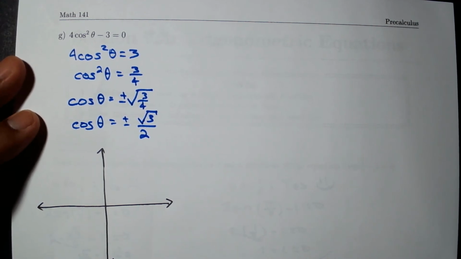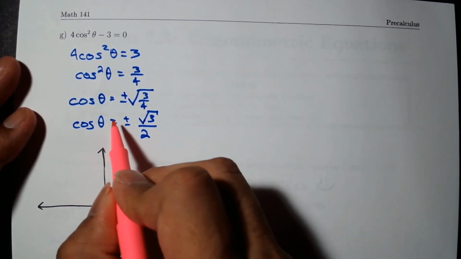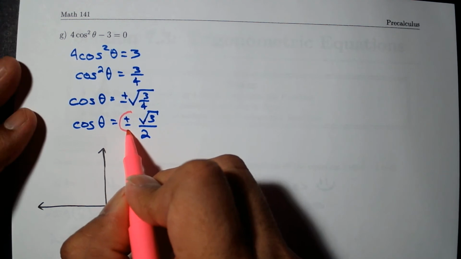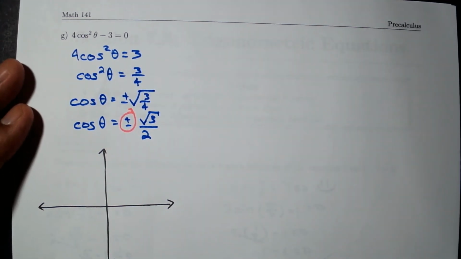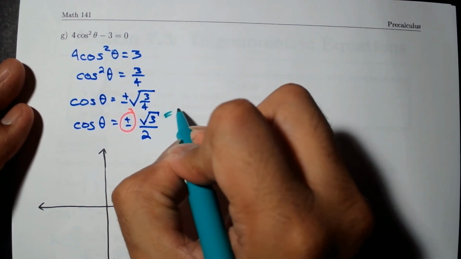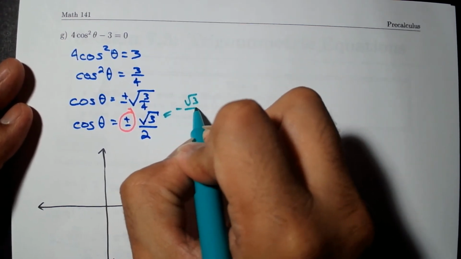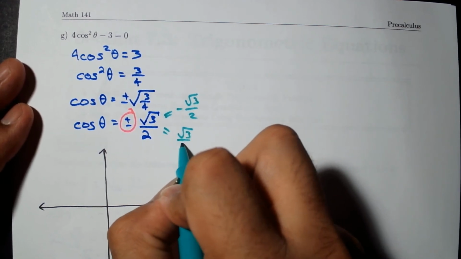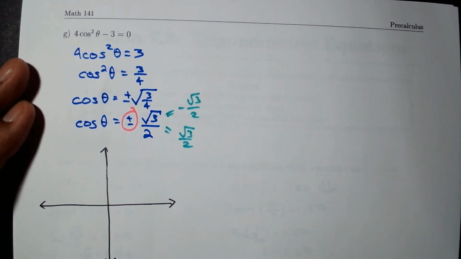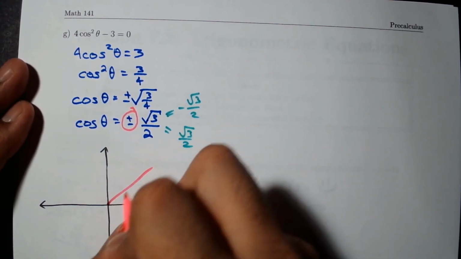And in this case, because of this plus or minus here, we are essentially looking for both solutions: the negative root of 3 over 2, and the positive root of 3 over 2. So in this case, we're going to use the 4 quadrants.